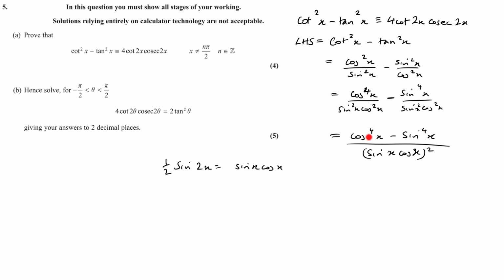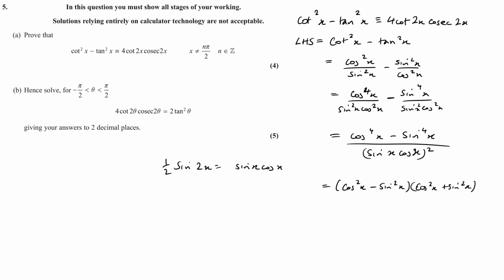Next, I need to deal with this. So cos to the power 4x minus sine to the power 4x is the difference of two squares. So this is, let's see, cos squared x minus sine squared x, and then cos squared x plus sine squared x.